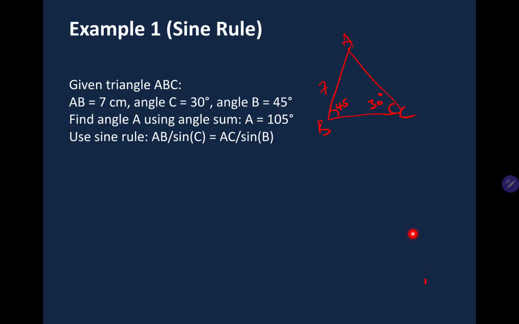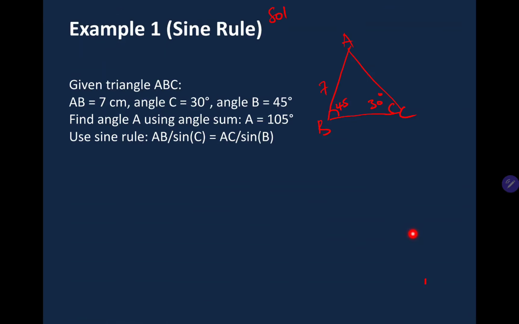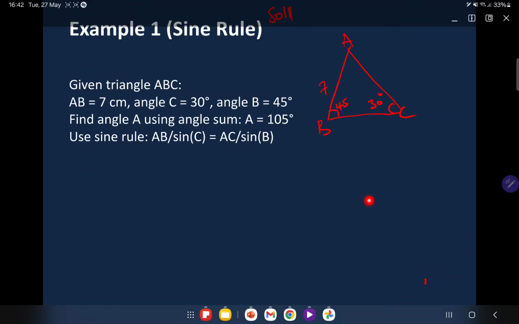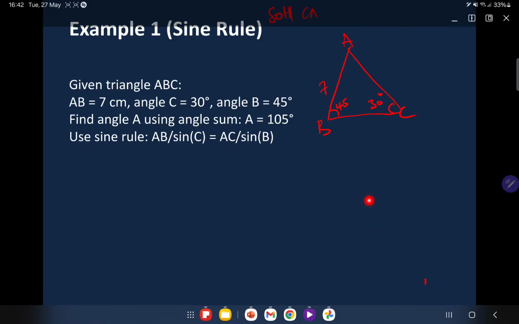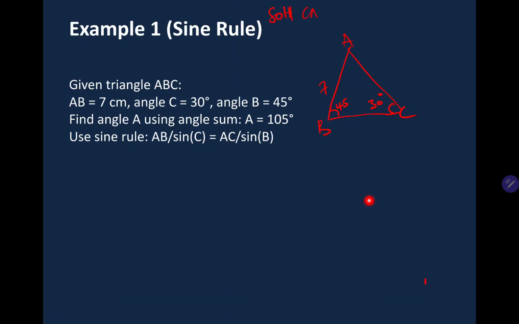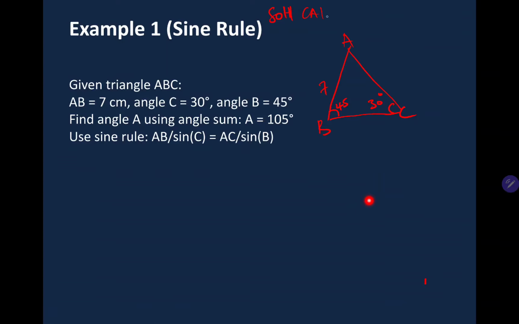Okay, now recall that for right triangles, we use SOHCAHTOA. But for all other triangles, we use the sine rule or the cosine rule.